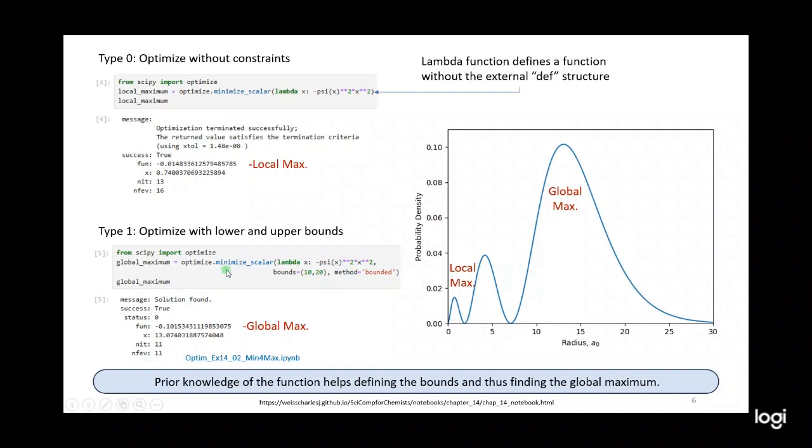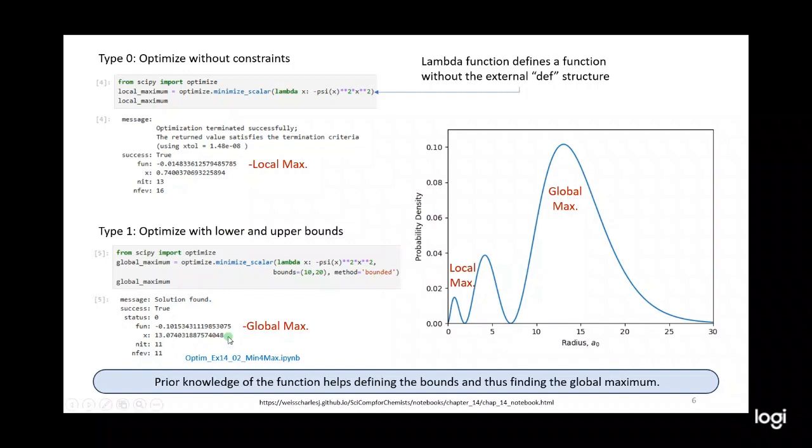Essentially, we are working with the same minimize function, minimize_scalar function, but with 2 additional arguments, bounds and method. We set the bounds to 10, 20 and the method to bounded for the constrained optimization.